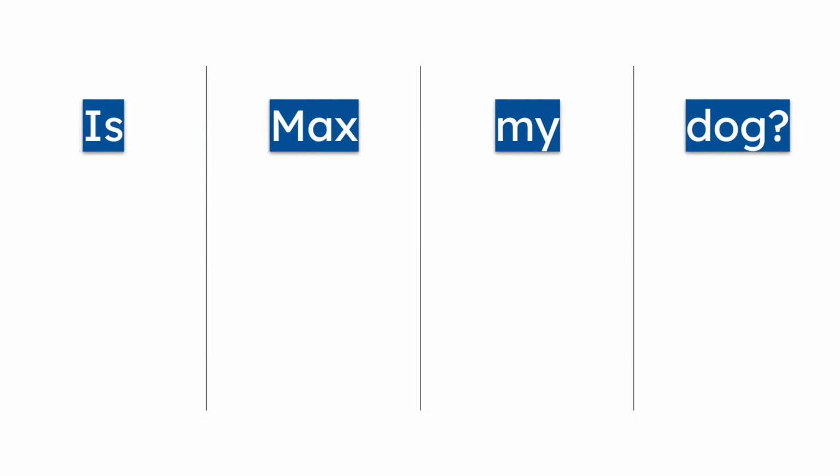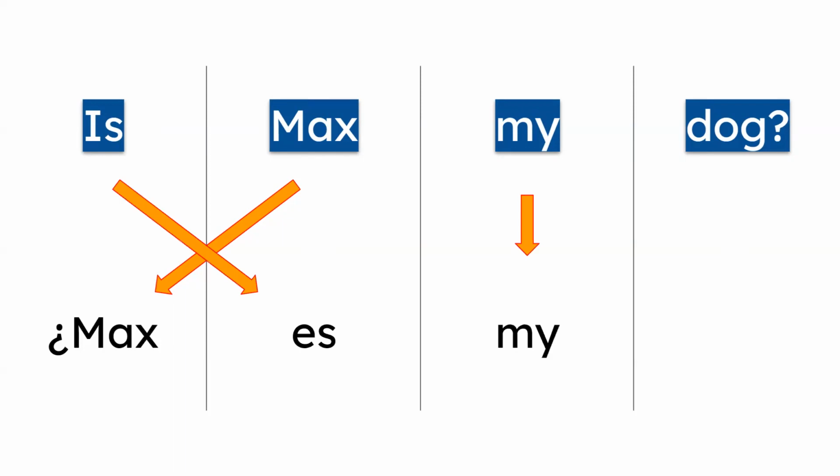Now, if we want to change this into a question, is Max my dog? What do we do here? Is there any difference when we say a positive statement? Do you remember? Of course, there are no differences, right? We just keep starting our question with the name, Max, followed by the verb, es.